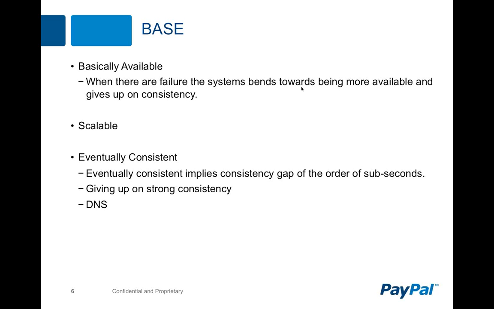But eventually the DNS picks it up, the ISPs pick it up, and they're able to come to your site. So eventual consistency is kind of a way of life, but you just have to see it from a different viewpoint, and it's been done before.